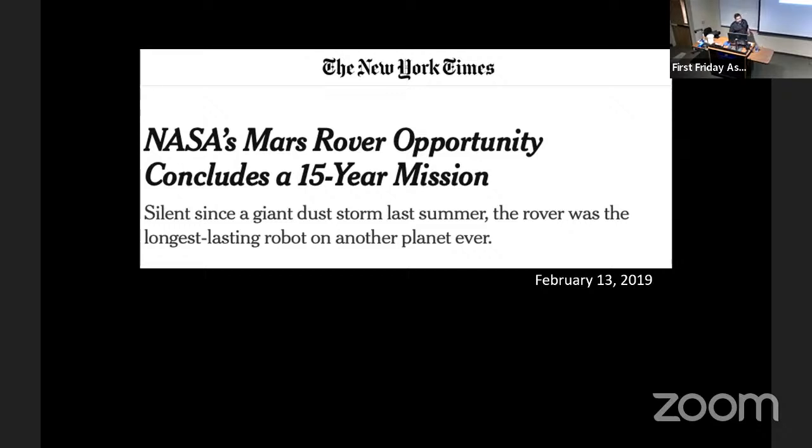It shut itself off. And although we have developed techniques so that the rovers, if they ever get enough power back, try to call home, it never called home again. Because in all likelihood, not only did it lose power during the storm, enough dust was left on top of it that it just never got power again.